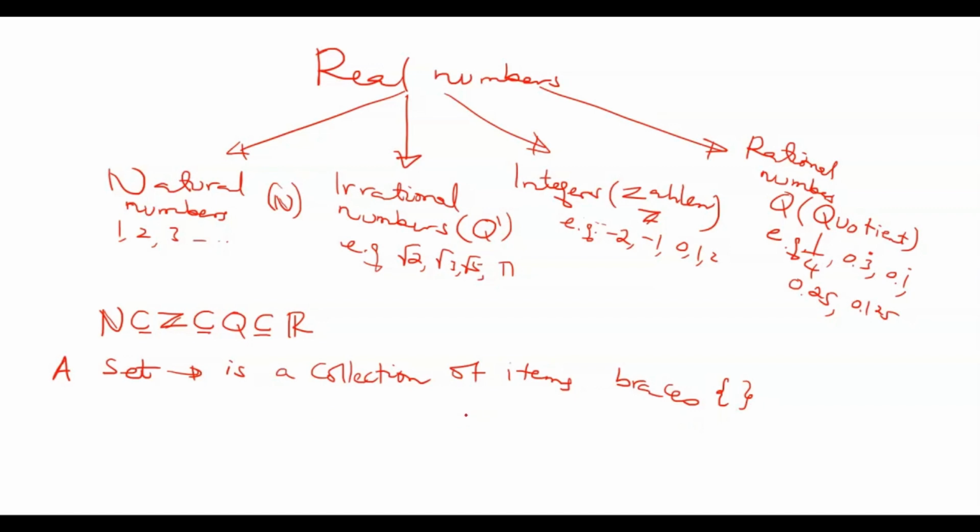We also have a function. So let's define what a function is. Now we have understood the different types of real numbers, so what is a function? Well, a function is an ordered pair of elements in the form of x and y.